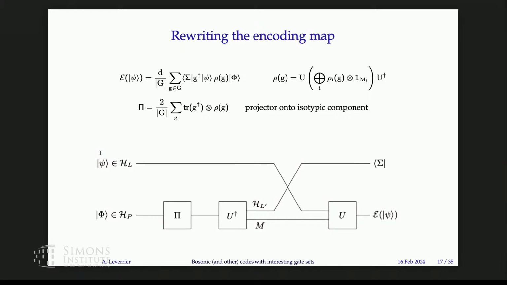Your physical state phi that you chose is projected onto the irrep corresponding to the direction that you want. Then you have this unitary operator that acts on this, which gives you two subspaces at the output. One is isomorphic to your logical space, and one is the multiplicity space. And then what you do is swap the state that lives in the logical state space that you want with this system.